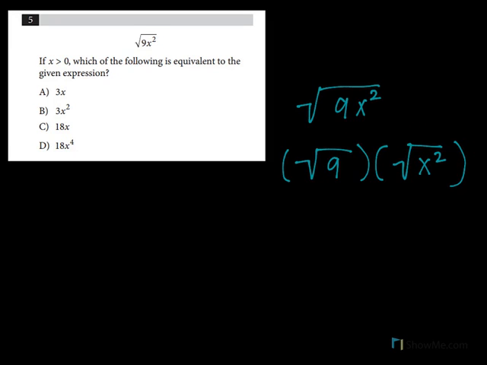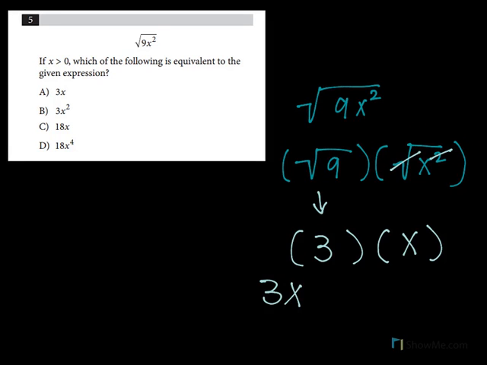So we know that 3 times 3 is 9, so the square root of 9 would be 3, and we know that x times x is x squared, so the square root of x squared, you could just cancel out these two, would simply be x. So 3 times x is 3x, and so that means our answer will be option A, 3x.